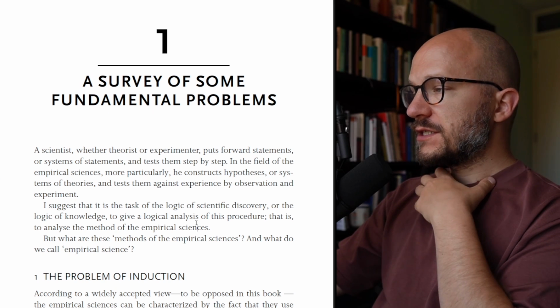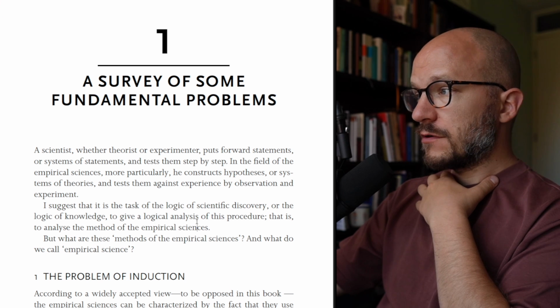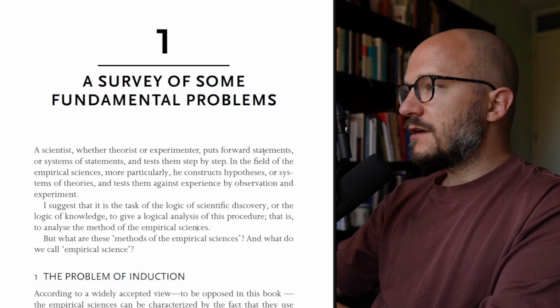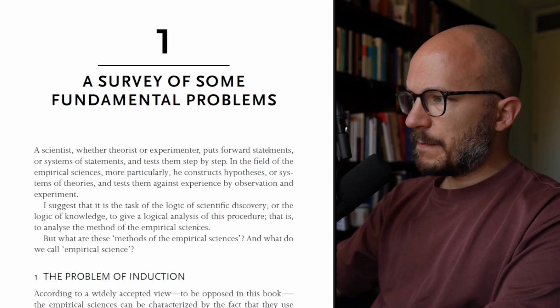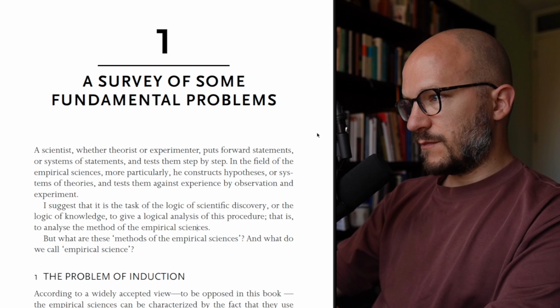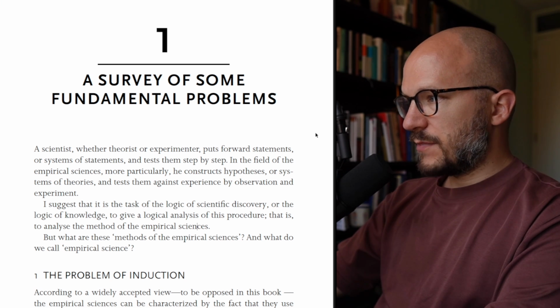Okay, so this is the first chapter, actually the first section of the first chapter of The Logic of Scientific Discovery. A survey of some fundamental problems. A scientist, whether theorist or experimenter, puts forward statements or systems of statements and tests them step by step.